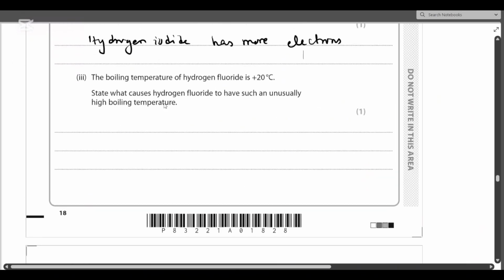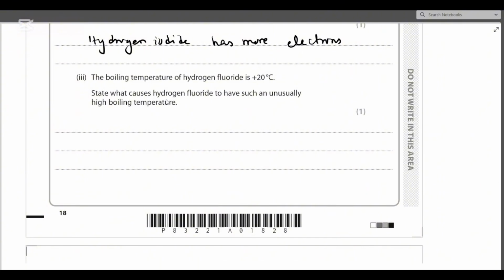So the boiling temperature of hydrogen fluoride is plus 20 degrees Celsius. State what causes hydrogen fluoride to have such an unusually high boiling temperature.